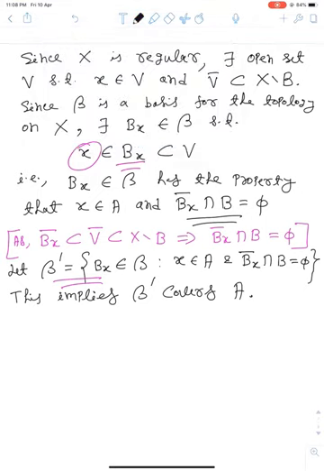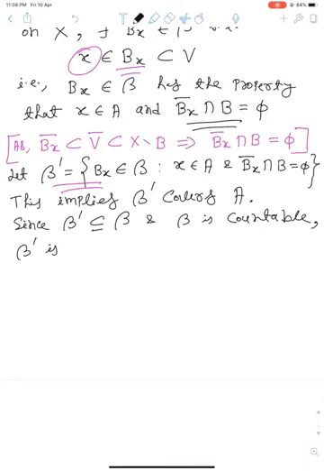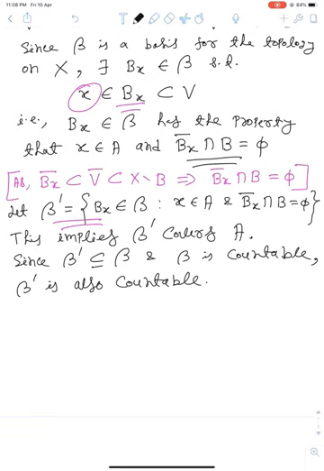And again, since beta dash is a subset of beta and beta is countable, that means beta dash is also countable. Now you can be a little confused about this one. See, what is my beta dash?